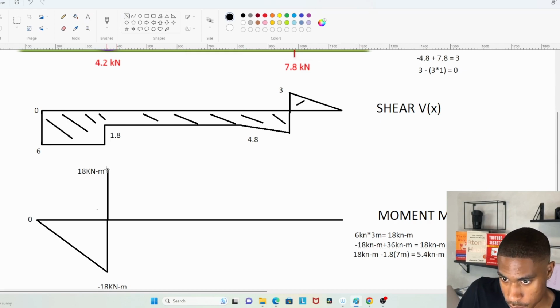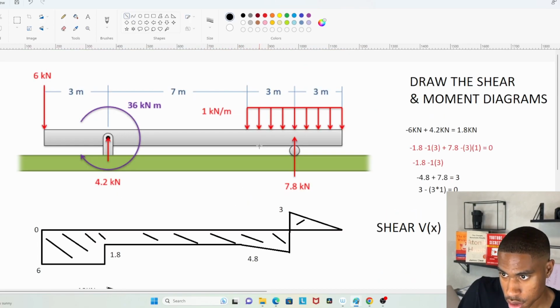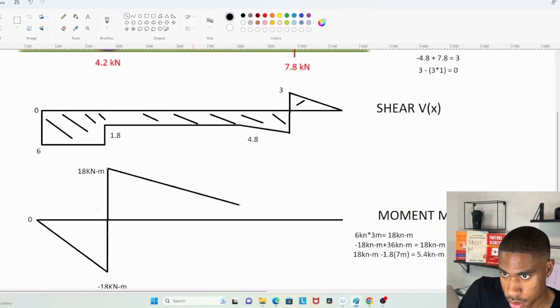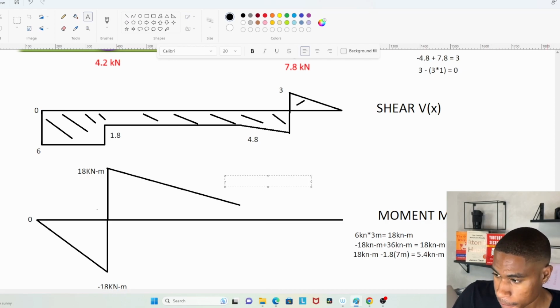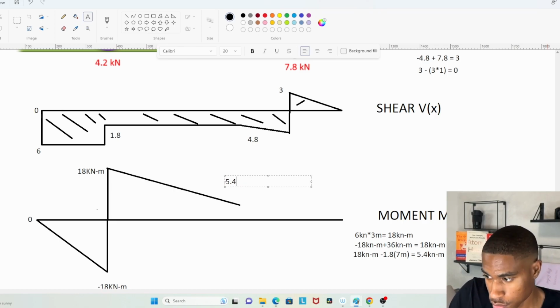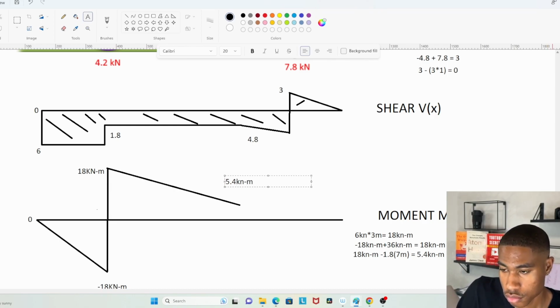So basically we're going to slant this to here. That brings us to our distributed load of 0.4. Very nice. Very nice.